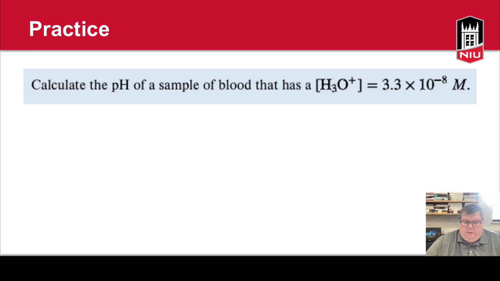Let's calculate the pH of a sample of blood that has an H3O plus concentration of 3.3 times 10 to the minus 8 molar. So pH equals negative log of concentration of H3O plus. So this is negative log of 3.3 times 10 to the minus 8th, which is equal to, so I take 3.3 E to the negative 8, and I take the log of that.